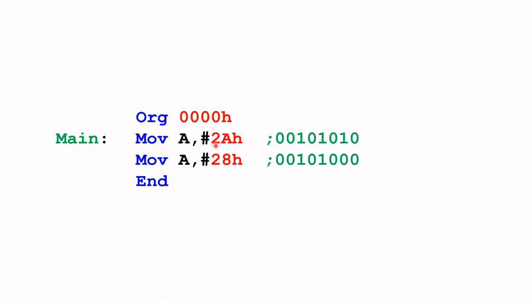We're going to copy this value into the accumulator. Once we do that, the number of ones here is odd, so the P flag will be 1. And if we then copy this 28 hexa into A, the binary equivalent is here, and you can see it's even. So the P flag will be set to a 0. Let's take a look at the demonstration.